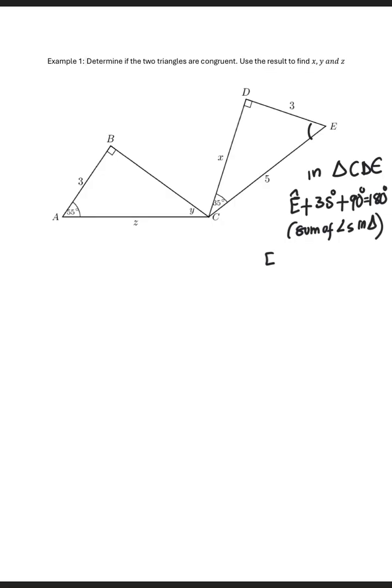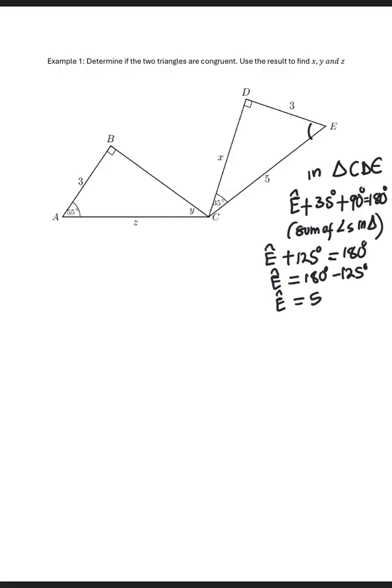And then we have angle E plus 35 plus 90 is 125, equals 180. And then angle E is equal to 180 minus 125. Therefore, angle E is equal to 180 minus 125, which should be 55.